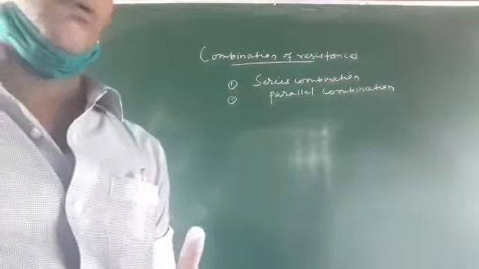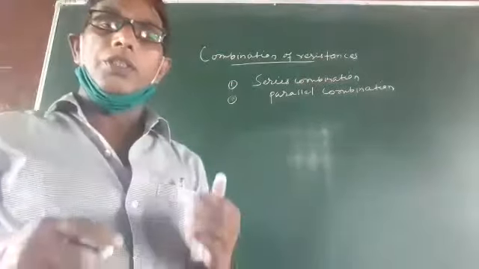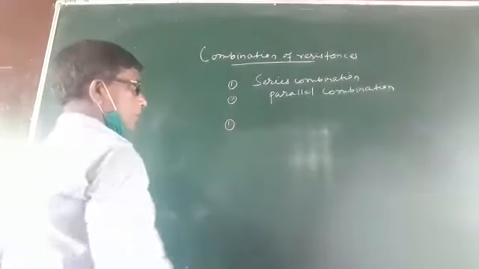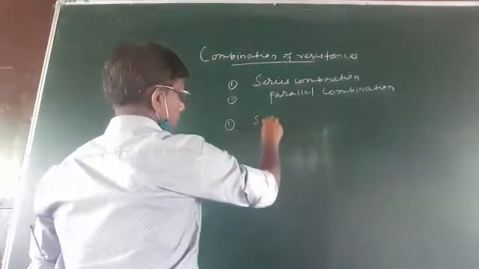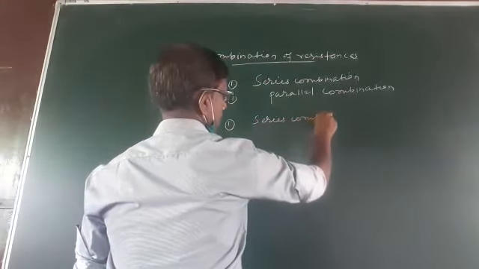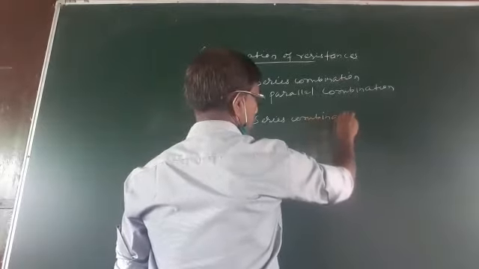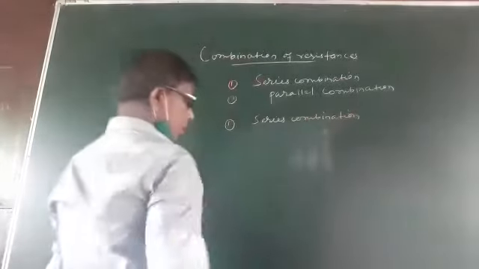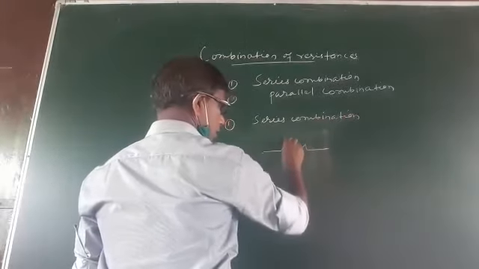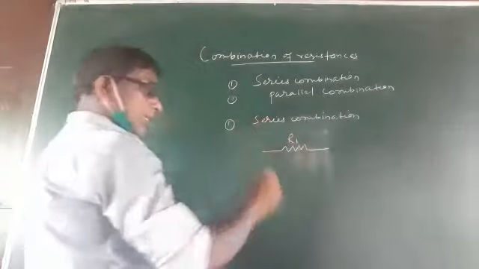How are two or more resistances combined in series? So first of all, I am writing here series combination. Symbol of resistance, that is R1 is the first resistance.